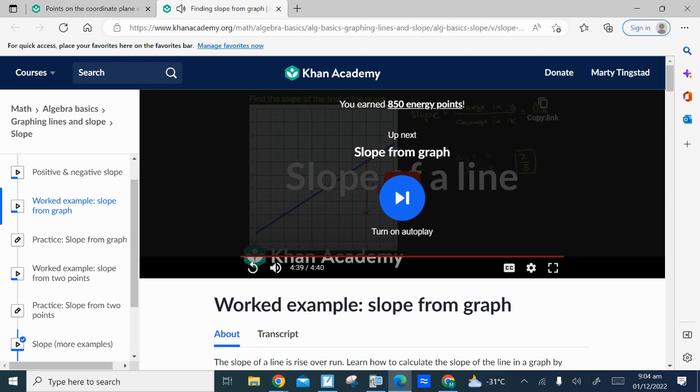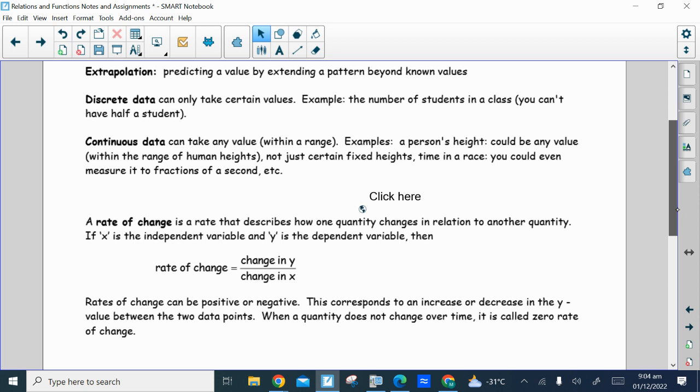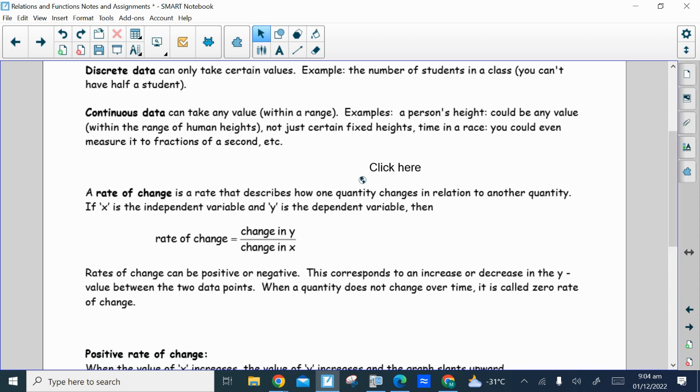Okay, so that's an introduction to slope. It's known as the rate of change. It describes how one quantity changes in relation to another quantity. If x is the independent variable and y is the dependent variable, then the rate of change is change in y over change in x. We will talk about independent and dependent variables a little bit later on.